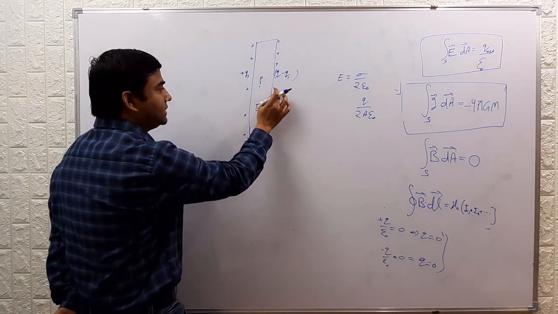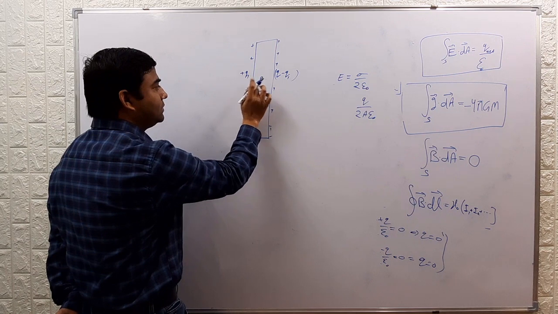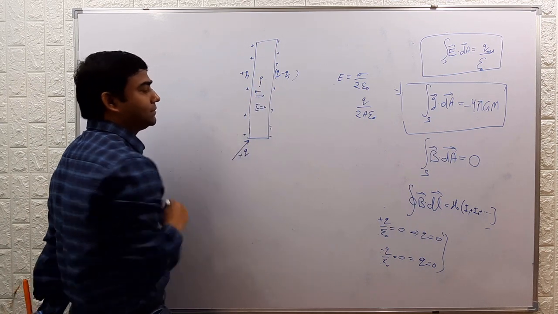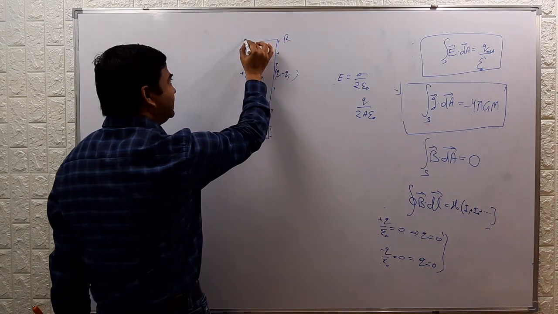So this surface will exert electric field in this direction, and this surface will exert electric field in this direction. So this is right surface, this is left surface.